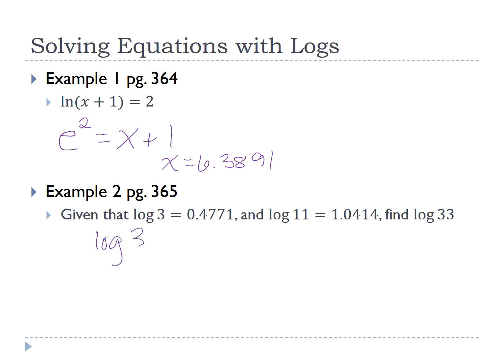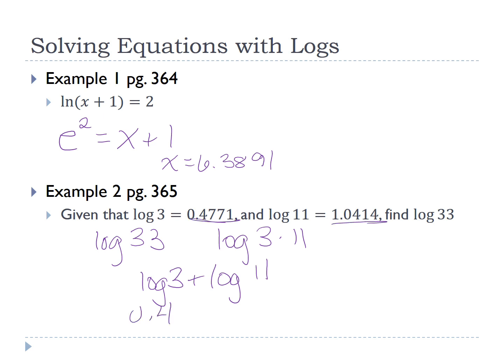But remember that log of 33 can be written as log of 3 times 11, which can be expanded to log of 3 plus log of 11, which means we're going to add up these two numbers. And we would get our final answer.